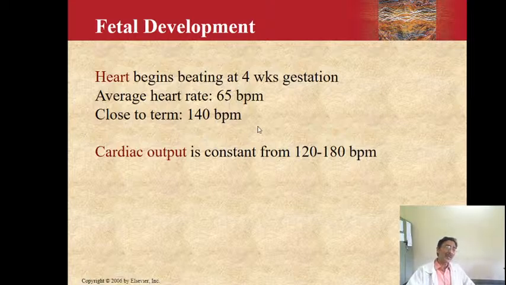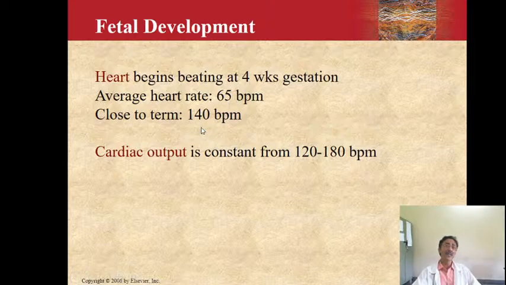Now, monitoring the fetal heart rate is one of the important parameters to know that the fetus is not in distress. If there is distress, it means that the oxygen supply to the fetus is reduced, and the heart rate will increase. So, instead of 140 beats per minute, it may increase to around 150, 160 per minute.